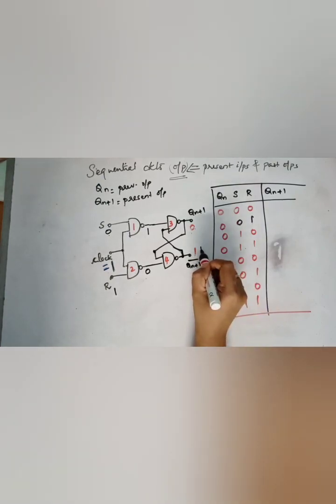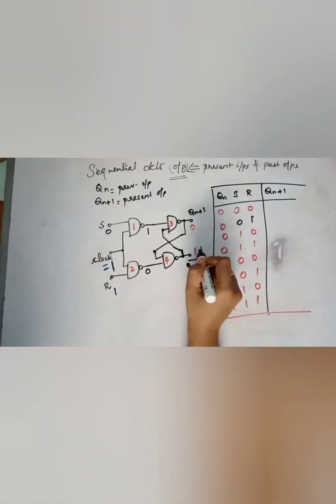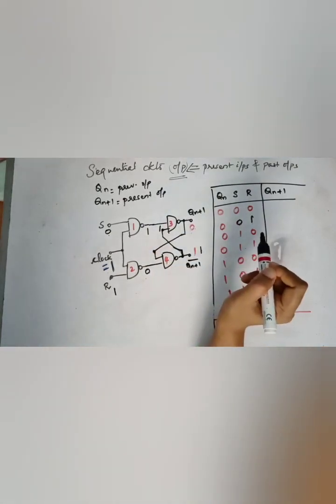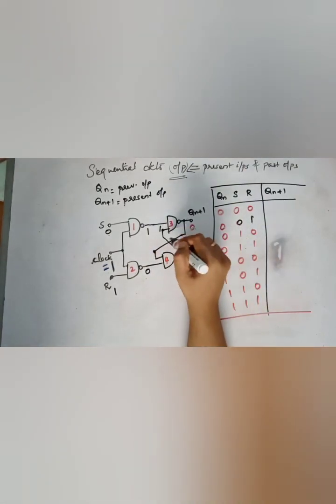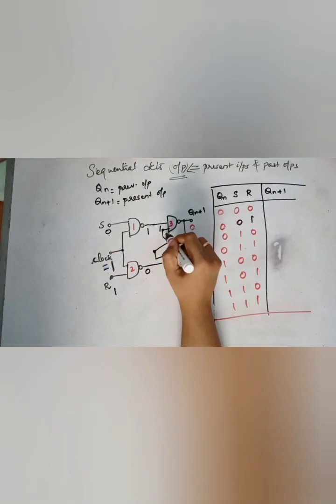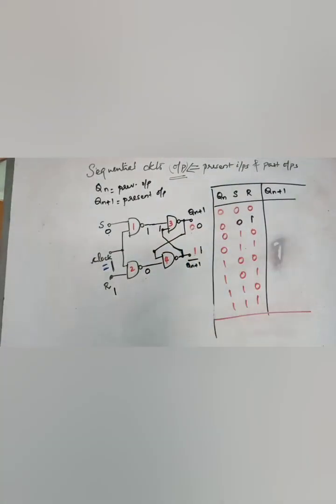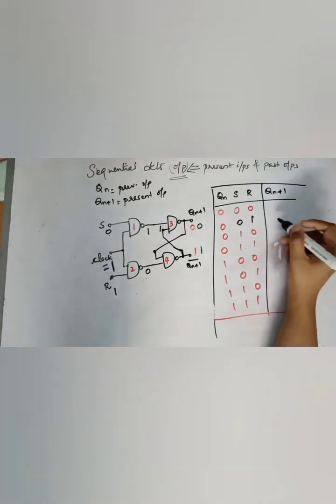And this black output, the present output, goes to this particular place. So for NAND gate 3, it is 1, 1. So it will be 0. So what is happening? The output is the same as the previous output.